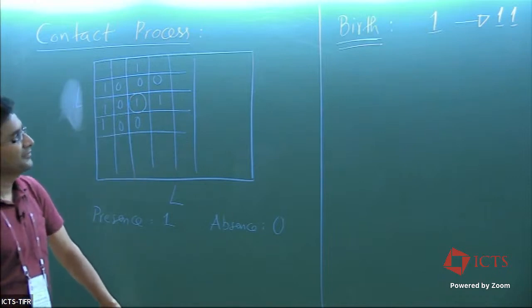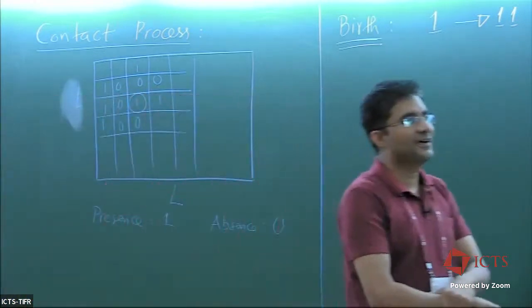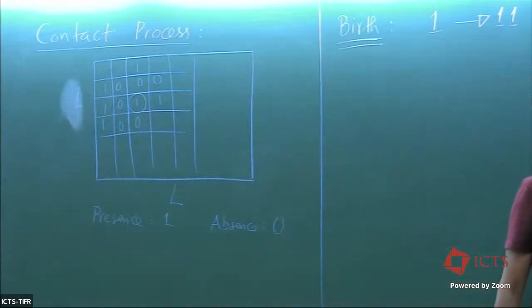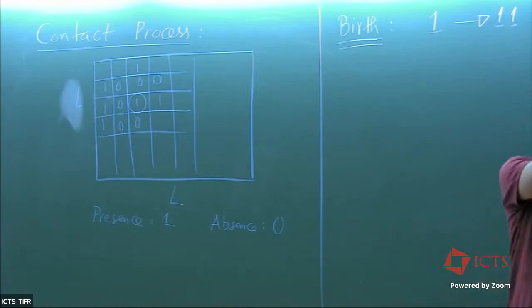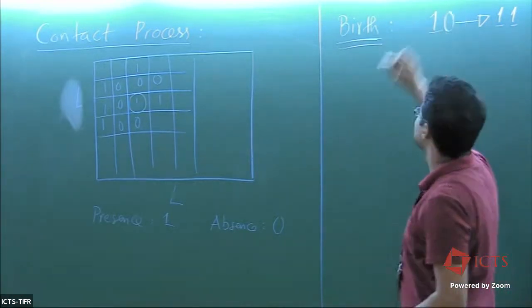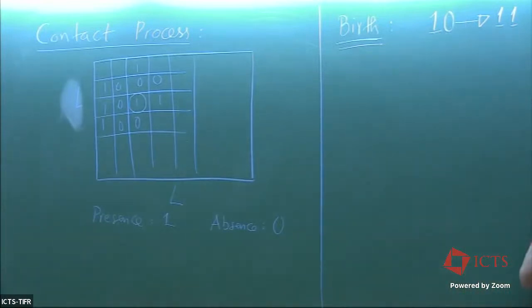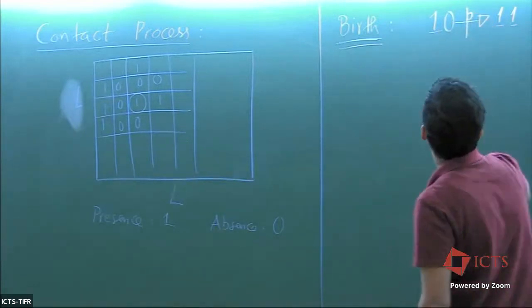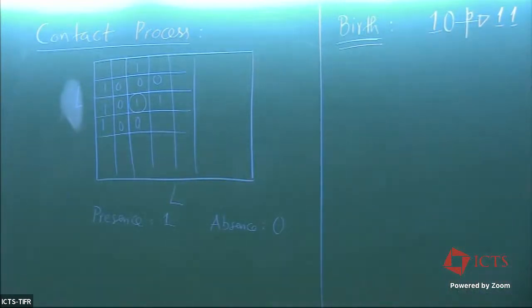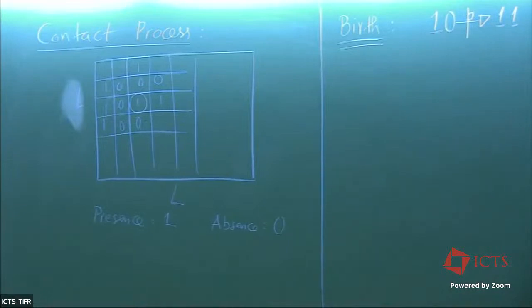So the rule of this model is that I pick a random site, and if the random site is occupied, then you look for one of the random neighbors, and if that random neighbor is unoccupied, then you reproduce in that empty cell. This is the simple birth process, and that also happens with a probability p. Is this rule clear?